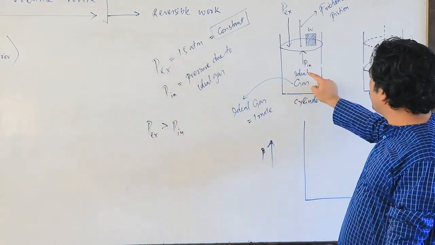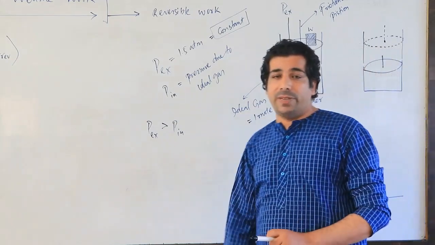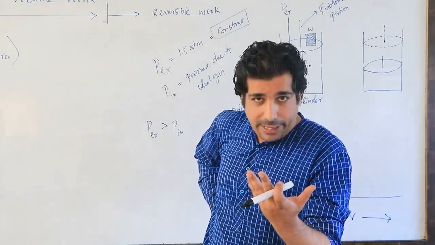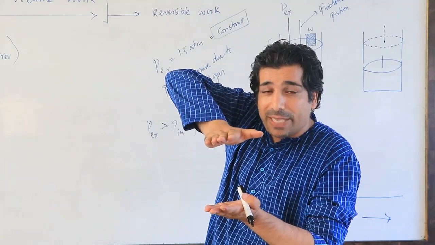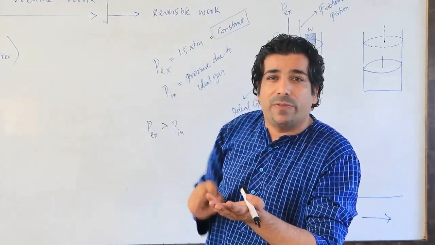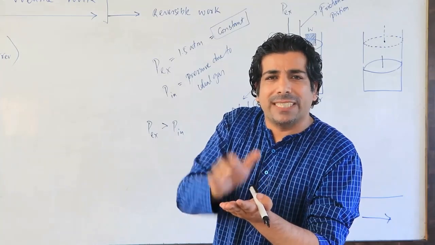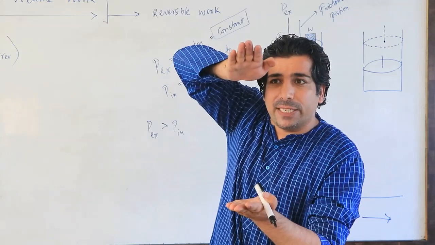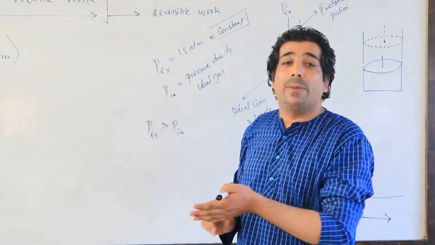When this happens, the external pressure will make the gas compress. Because external pressure is 1.5 atmosphere and internal pressure is less than the external pressure, the piston will come down. The piston will compress the gas.